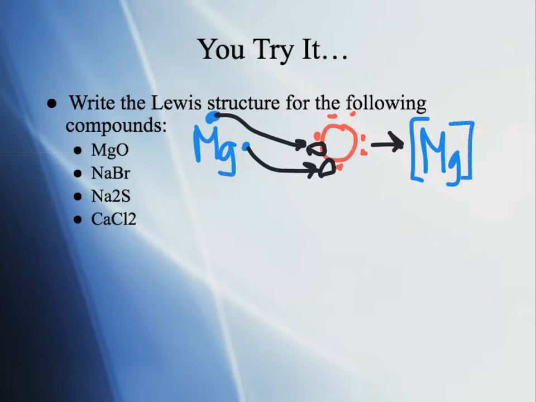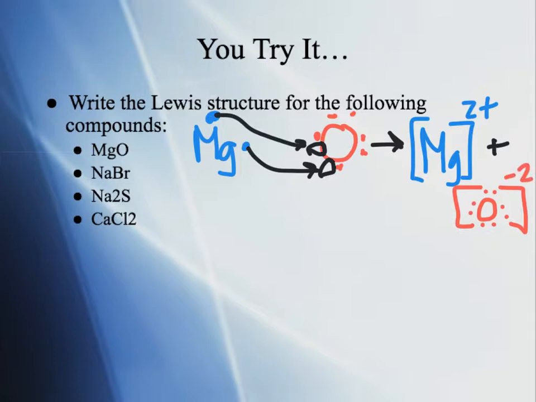Magnesium lost its valence electrons. It's a 2+ charge because it had 2 valence electrons, and we'll also have oxygen with a full valence shell, 8 electrons, and because it gained those 2, it's going to be a -2 charge.